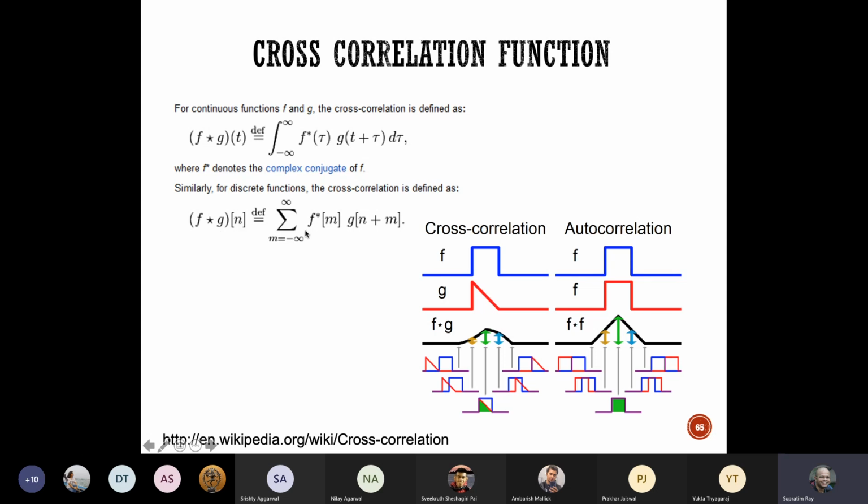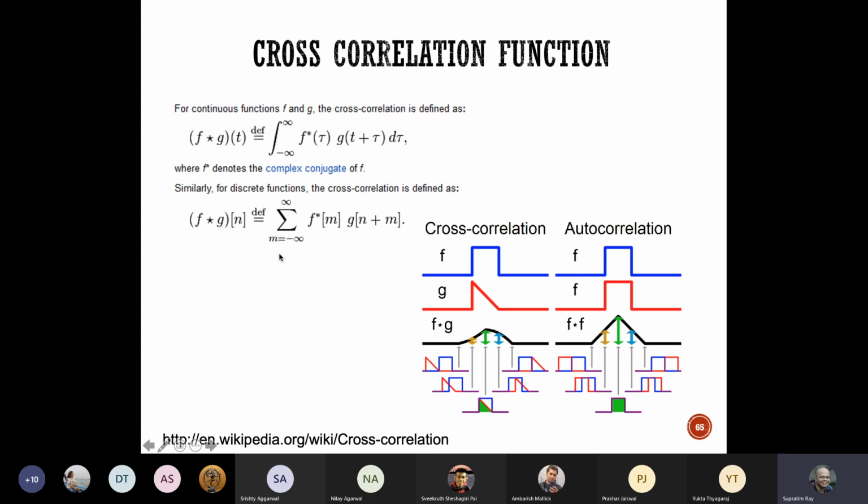Now, I shift one of the two trains. This one, as you can see, has been shifted, and then I do the same operation, and I put the summed value at a lag here of -2. Then I'm shifting this by -1. This is 0. This is a shift of 1, a shift of 2, and so on.